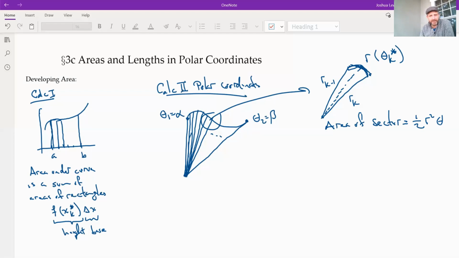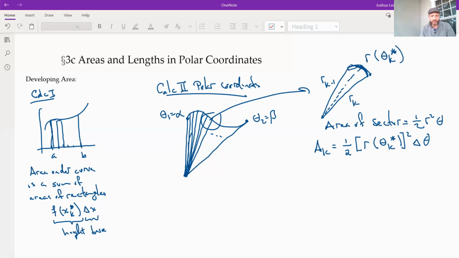Well, we're going to have a whole bunch of sectors here, right? So the area of maybe the kth sector is going to be 1/2 r of whatever that sample theta was taken to be on that interval, squared, and then delta theta, okay? And so obviously if I take infinitely many of these, then I get an expression for the area of the polar region.